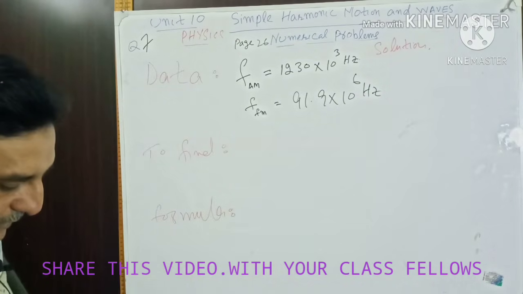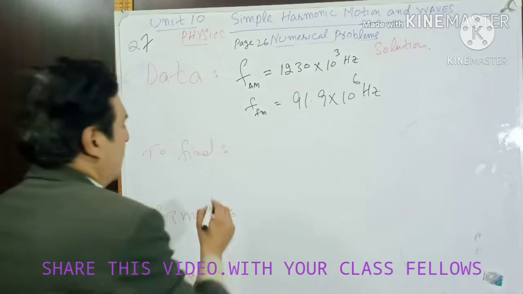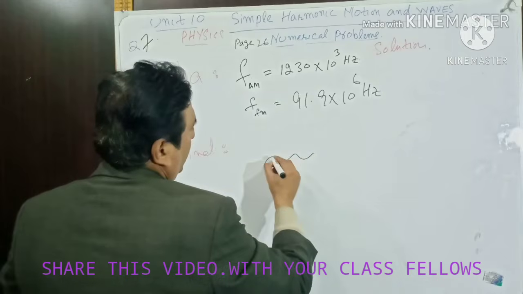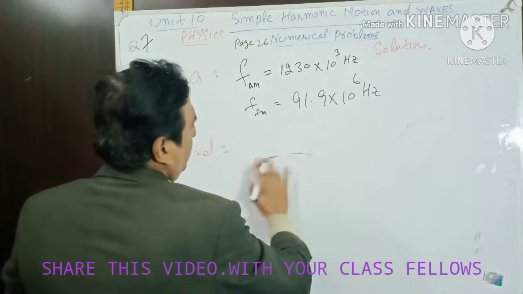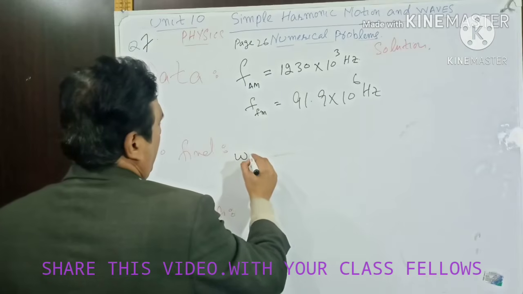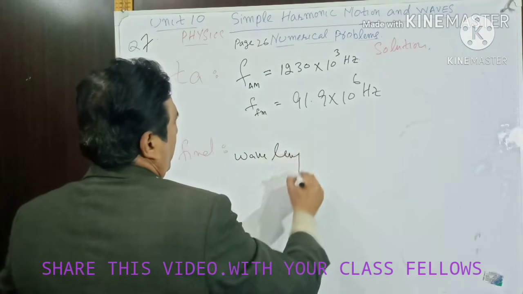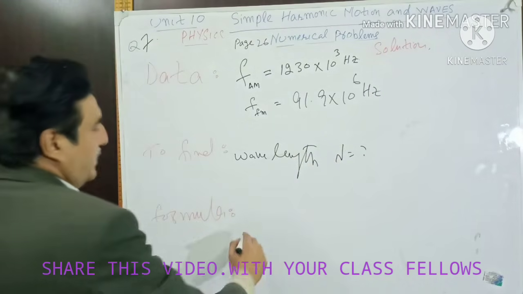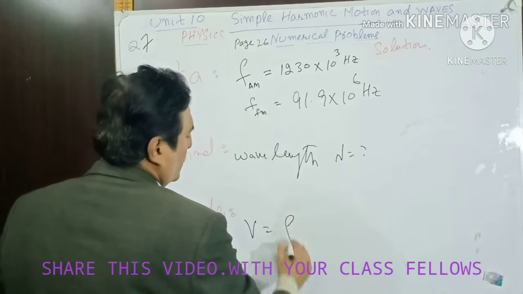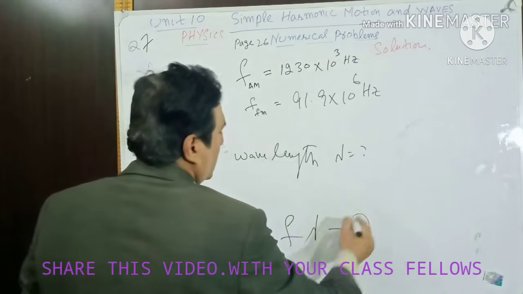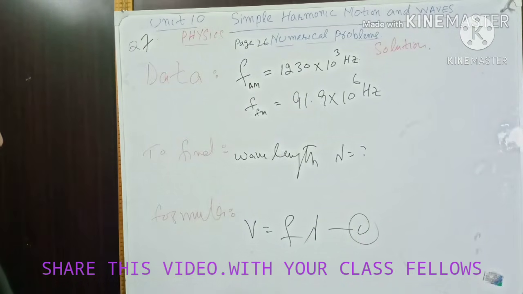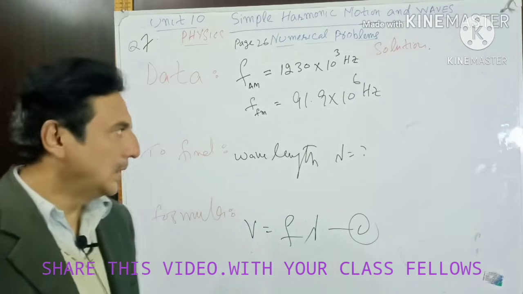Find the distance between adjacent crests, that is wavelength. The distance between adjacent crests is actually the wavelength. So we will find wavelength lambda. The formula is v is equal to f lambda. Here we don't have the speed of these waves, but we know that radio waves move with the speed of light.